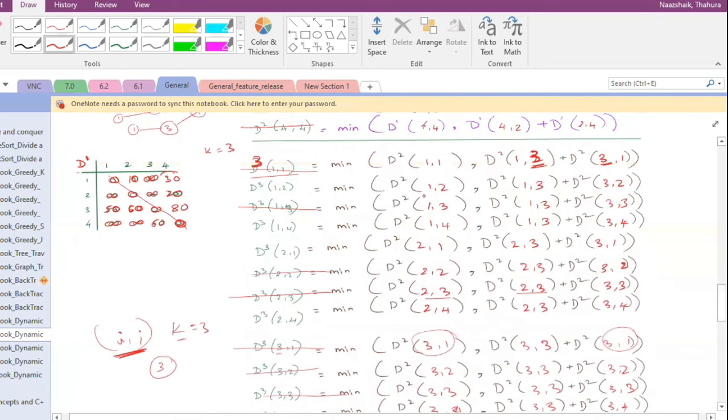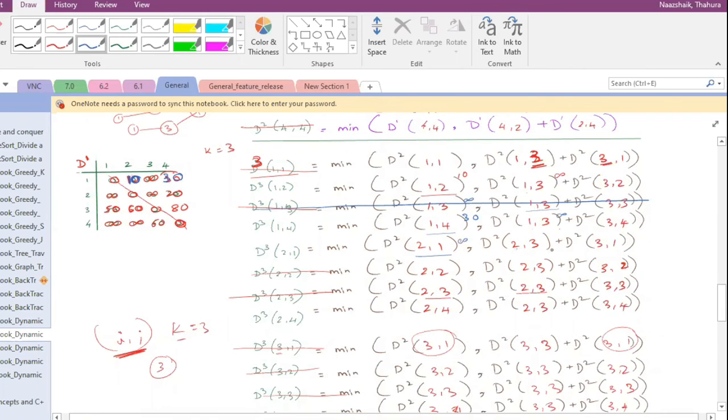Let's do that. So 1 to 2 is 10. We can do 1 to 3. Again, it's infinity, so it will not change. This would remain 10. 1 to 3 is infinity. Here again, this we scratch, we don't have to do this. Let's do this. 1 to 4 is 30. 1 to 3 is infinity, so this remains. 2 to 1 is infinity.